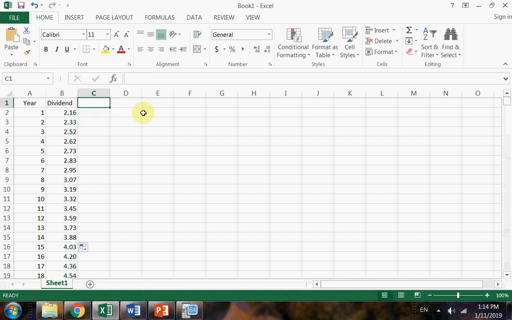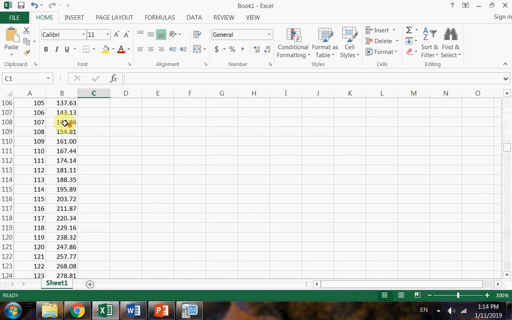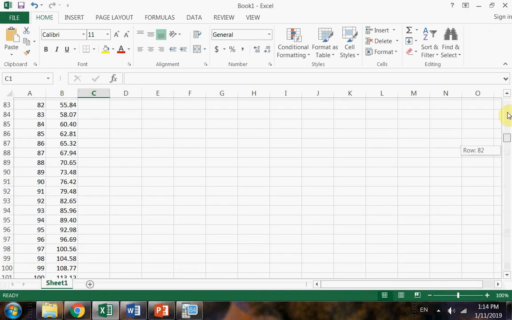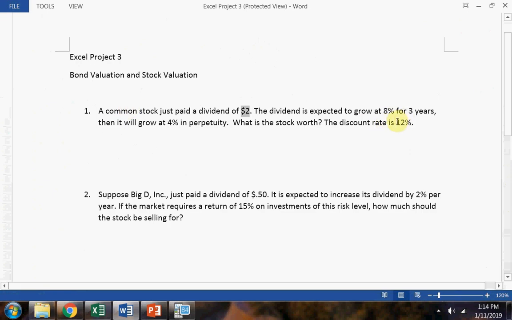Alright, so I want to know the stock worth, but I'm not going to simply add all of these cash flows, because if I do that, there's going to be an infinite amount of cash. However, I'm going to get the present value of the dividends. When I discount all of the dividends, I get their present value, and the discount rate is 12%.